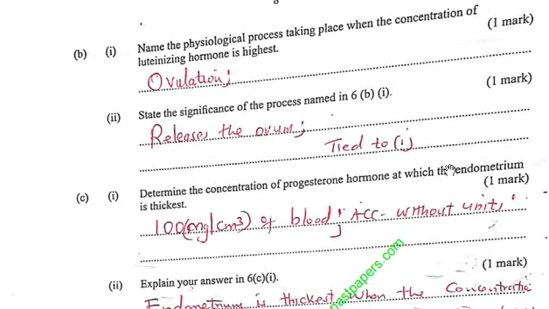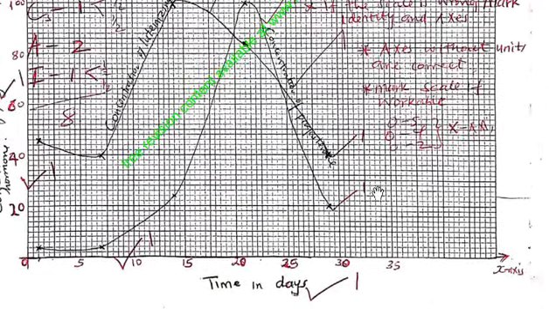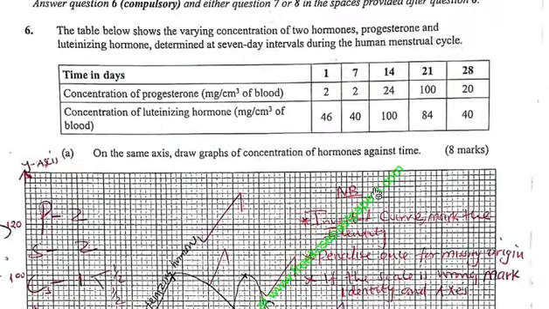Determine the concentration of progesterone hormone at which the endometrium is thickest, and that is 100 milligrams per centimeter cubed of blood. That is when the concentration of progesterone is highest here.